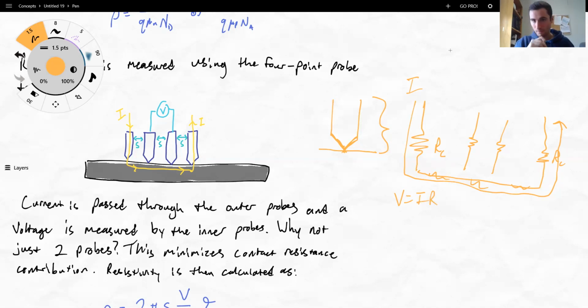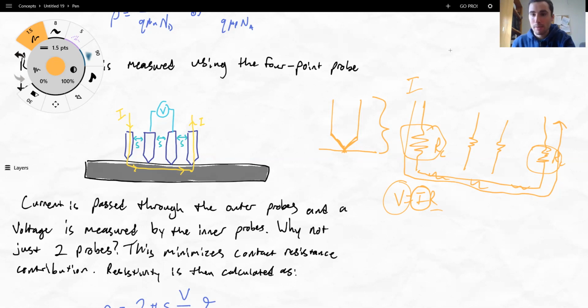If we have a large current going through these contact resistances, even if they're small, there's going to be an extra voltage drop that is not through our material. We get voltage drops above the material, not through it. That's bad. We want to isolate the voltage through the material, the resistance of the material alone.